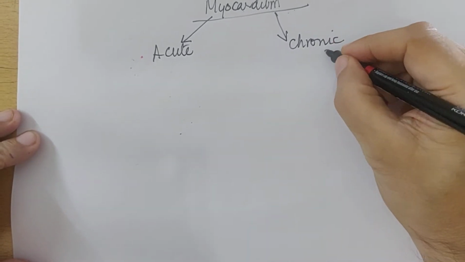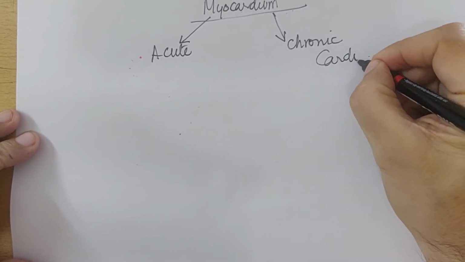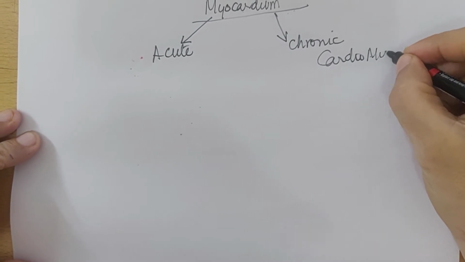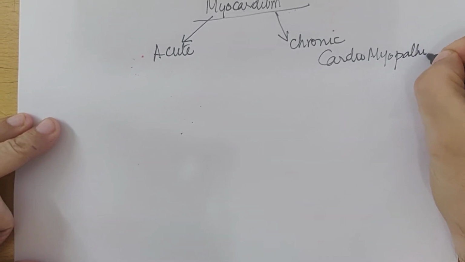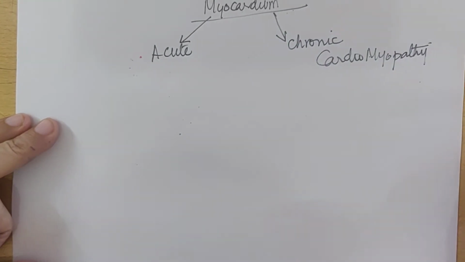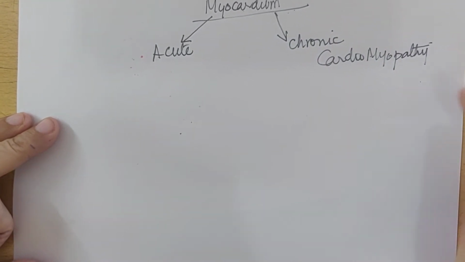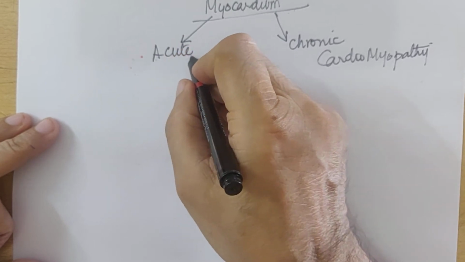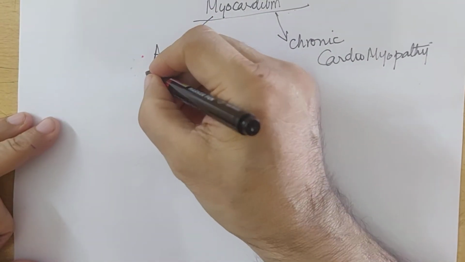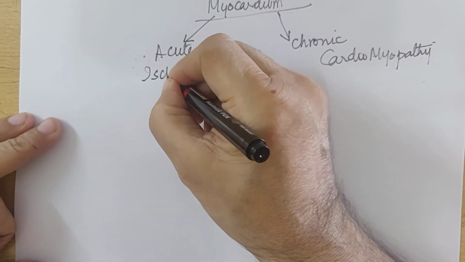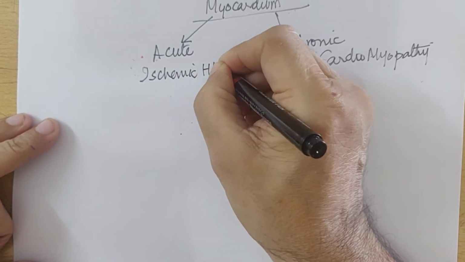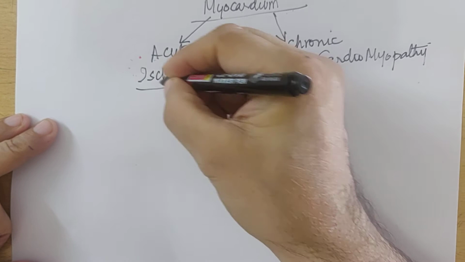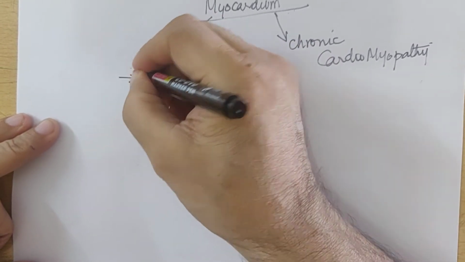The chronic problem is cardiomyopathy, which is weakness of the muscles because of various causes. The acute problem is ischemic heart disease.